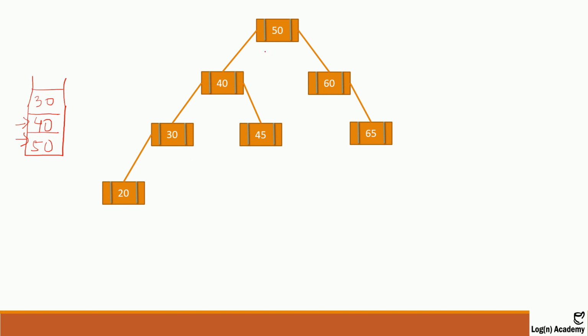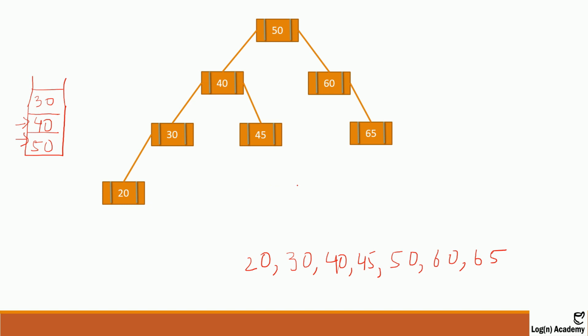So if I traverse this tree using in order traversal, the result will be 30, then 40, then 45, then 50, then 60, and then 65. So this is what I will get when I traverse this tree using in order traversal.